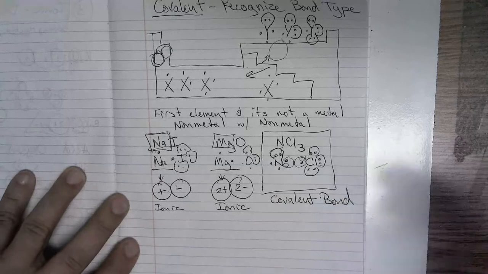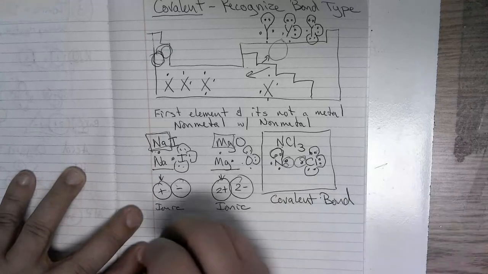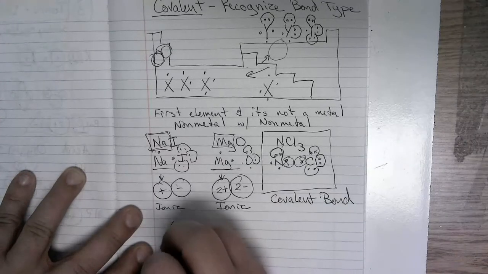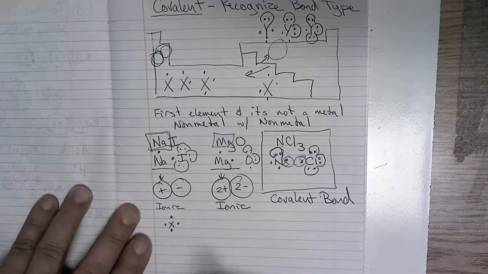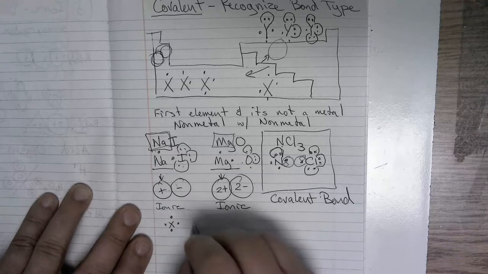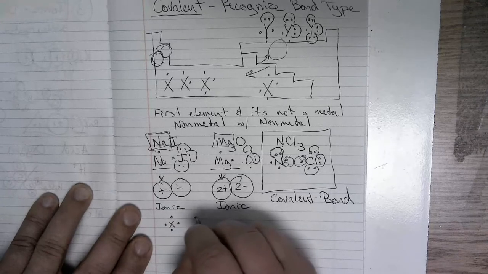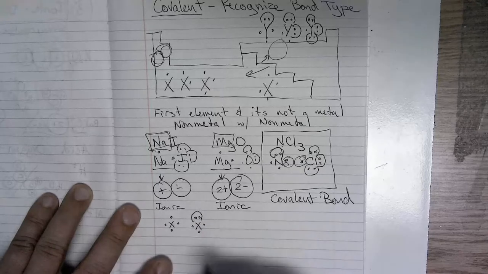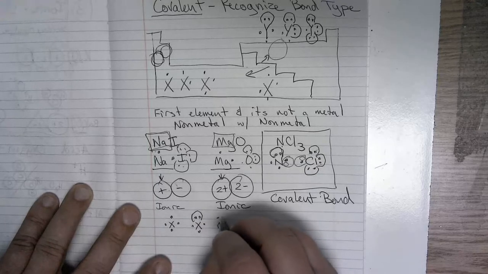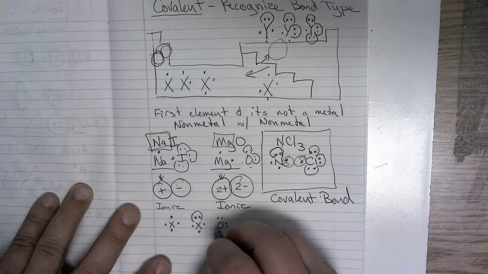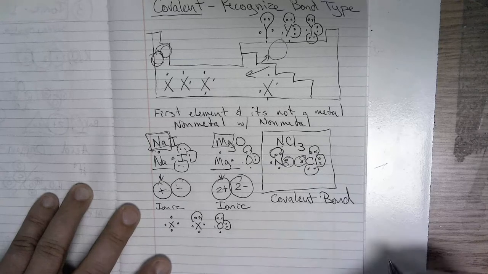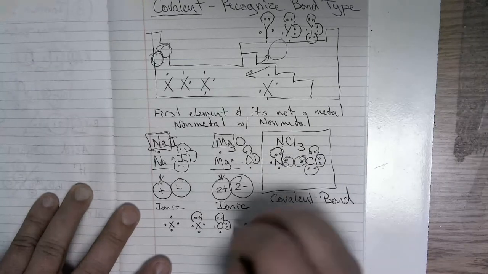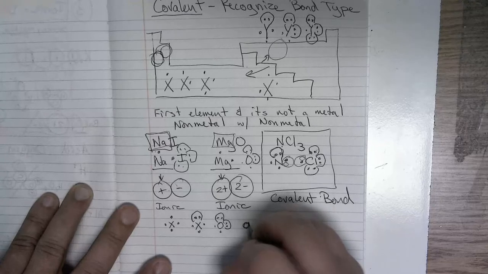So when you have nonmetals, you could have a nonmetal that has 4 dots that's found in column 14. Carbon is a really good example. You could have a substance that has 5 dots, like nitrogen, or 6 dots, like oxygen, like this. Or you could have something like chlorine, something that has 7 dots.